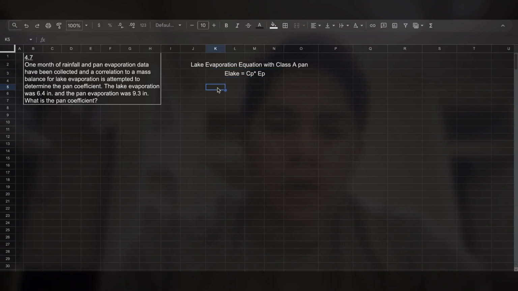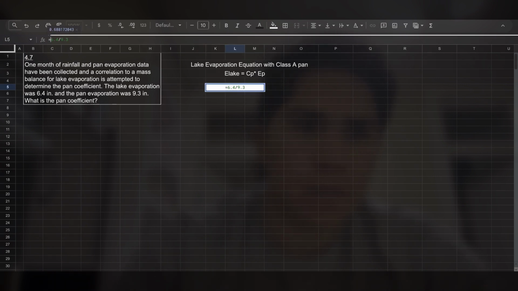Super simple. All we need to do is, the pen coefficient is going to be equal to the lake evaporation, which is 6.4, divided by the pen evaporation, which is 9.3. Oh, forgot the equal sign. And this doesn't seem right.